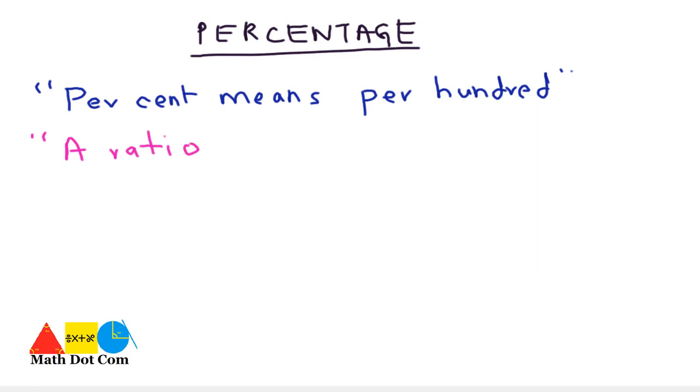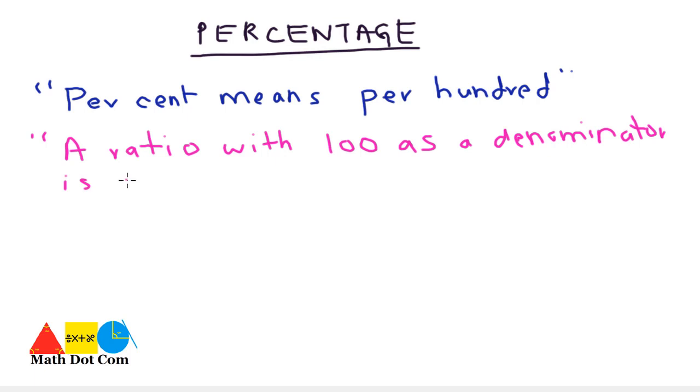A ratio with 100 as a denominator is called percent, and there could be any number in the numerator.